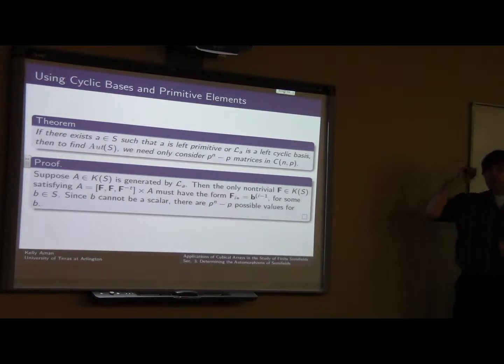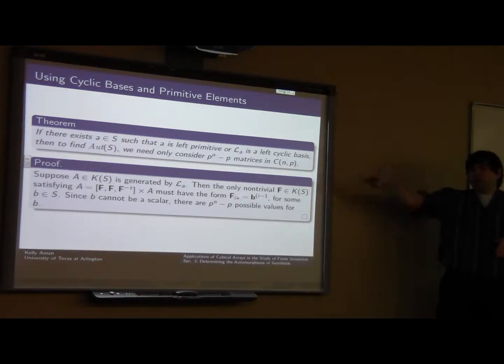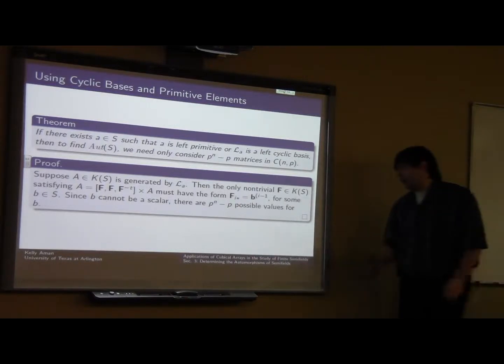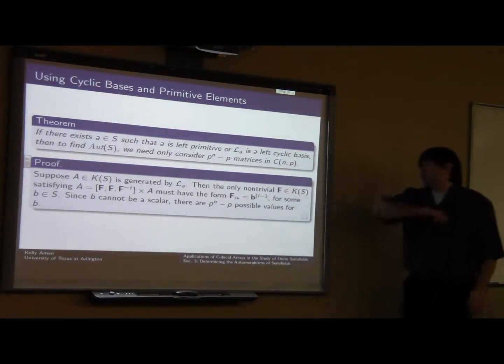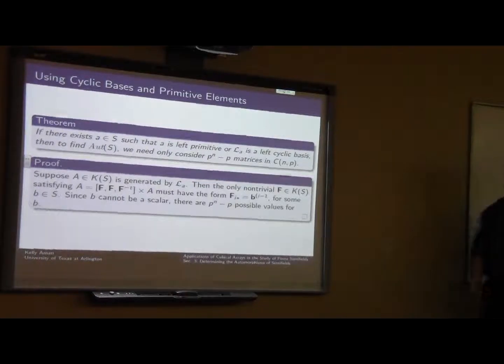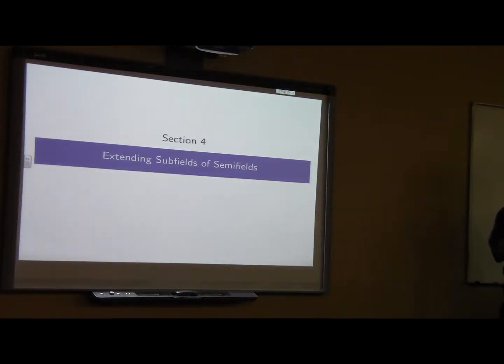And if you look at the vector forms of your elements with respect to the basis you used to generate A, the change of basis matrix from A to itself is also going to still have to be, its rows are going to have to be the left powers of some other element of S. So basically, you're going to have to look at matrices F_i, where F_i star, the ith row of F, is equal to the vector form of the (i minus first) left power of B for some B in S, and since B can't be a scalar, there's p^n minus p possibilities. So that dramatically reduces the number of matrices you would have to test.